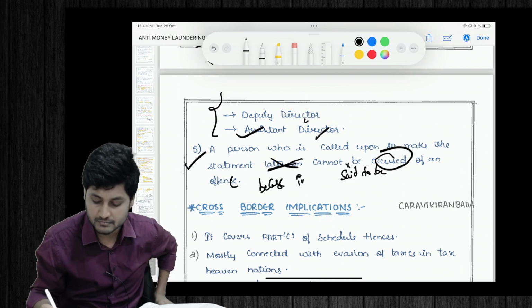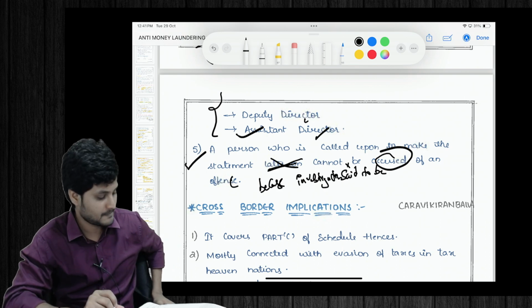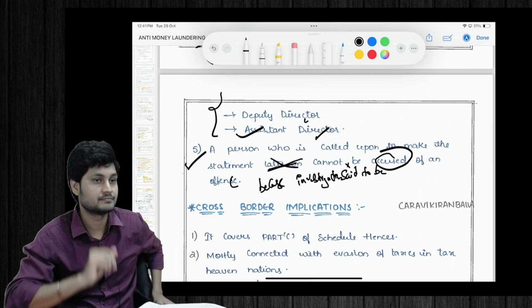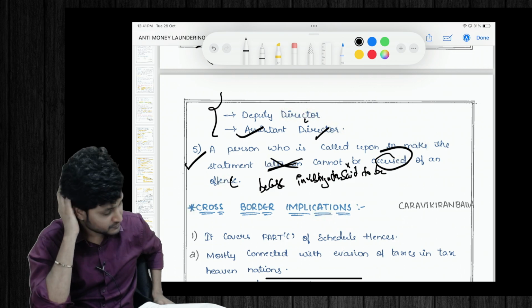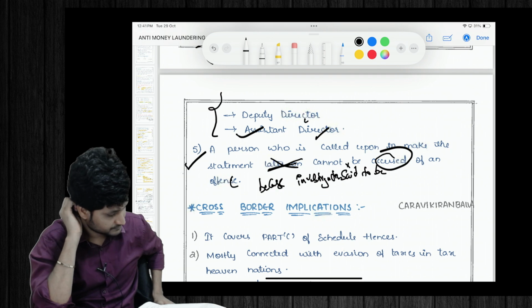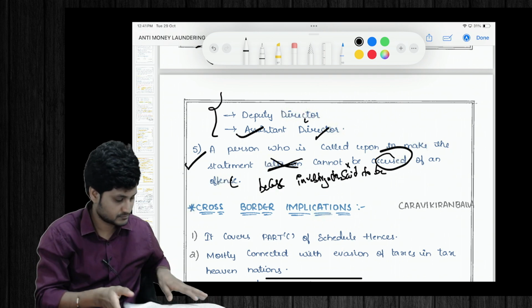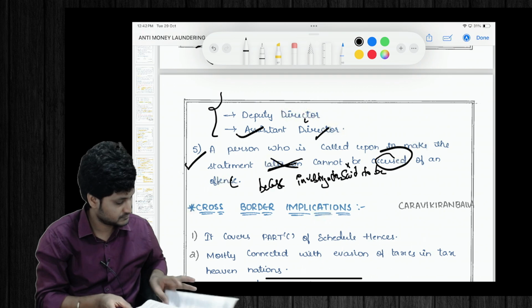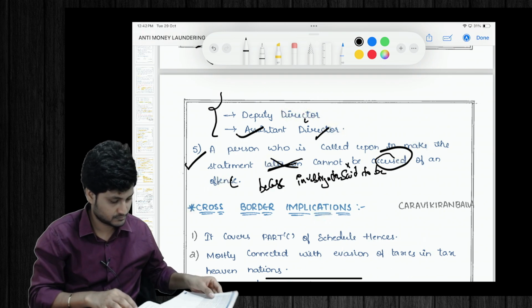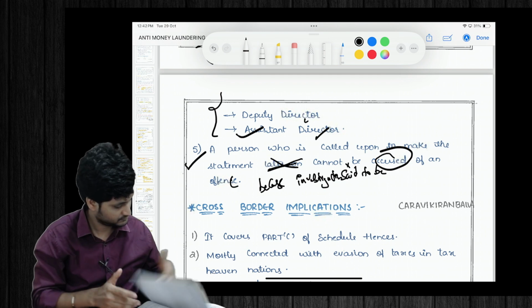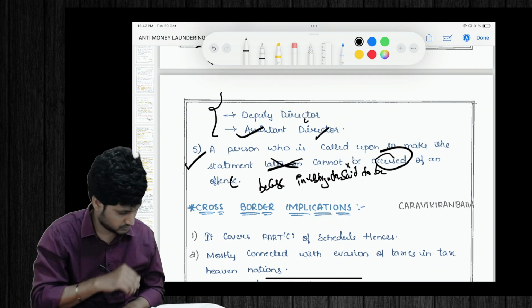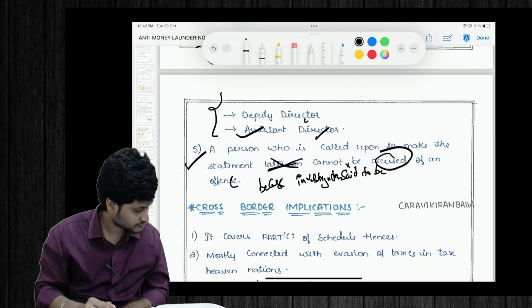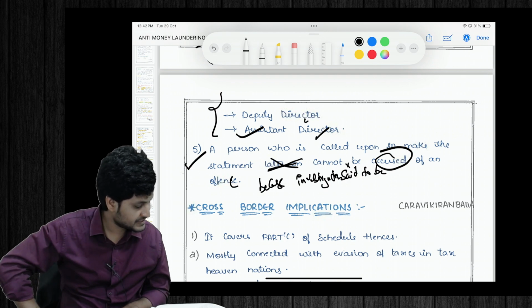Okay, because, write it here: investigation is just a process of collecting the evidence about the proceeds of the crime.